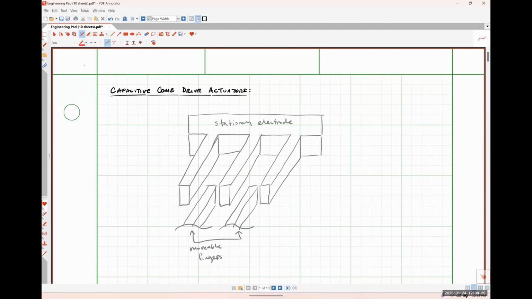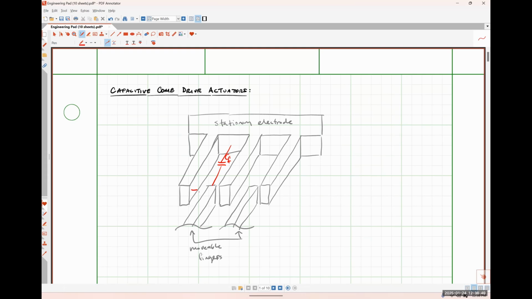And as we talked about when we were dealing with using comb drives to sense things, there is some fringe capacitance C_F that occurs between the end of the fingers and that gap there. That's typically very small, so we tend to not worry about it.